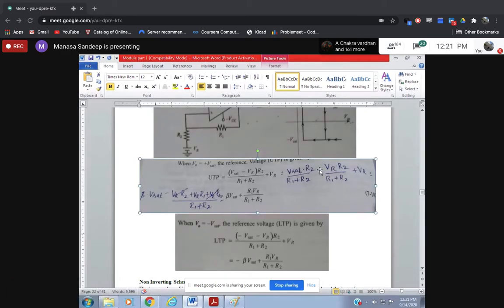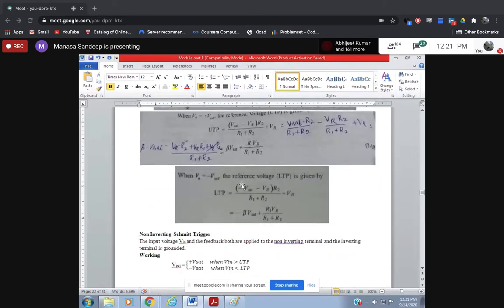Whatever I have written in pen is just taking the LCM and simplification. That's it, guys. Any doubts, you're free to ask. Similarly the same thing happens for LTP also. Here we have not taken the LCM, just the direct 2 steps. If you write only these 2 steps, we will give marks. If you are getting confused and want to simplify it, yes, you can expand it to 2 more steps, and we will give marks. Both are correct.